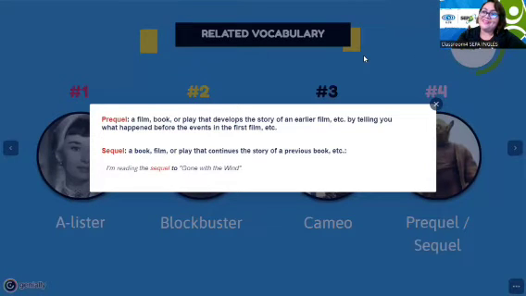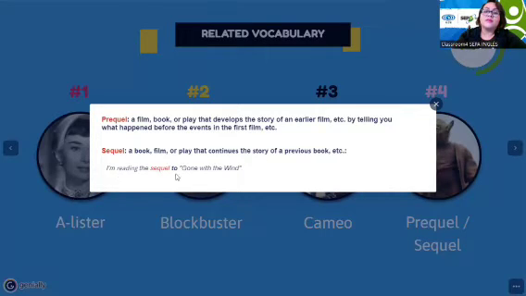Okay, let's see. Prequel: a film, book, or play that develops the story of an early film by telling you what happened before the events in the first film. Sequel: a book, film, or play that continues the story of a previous book.